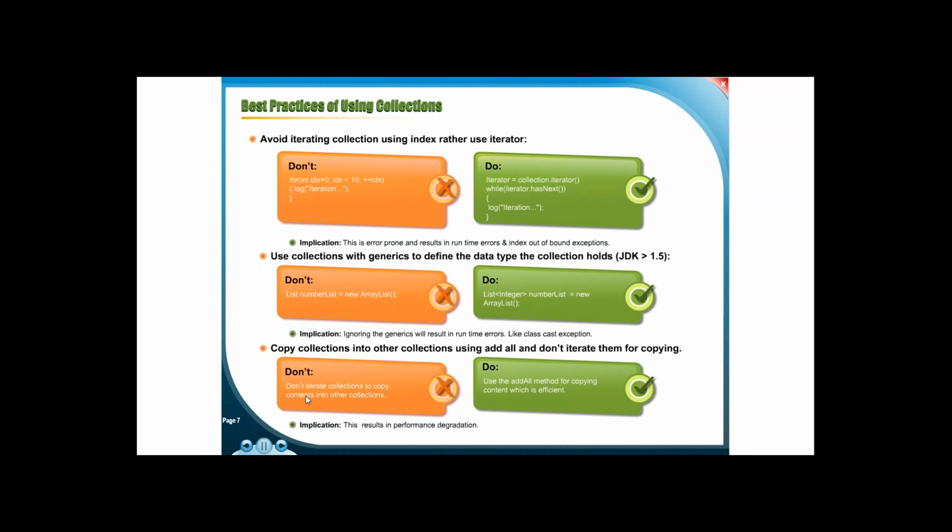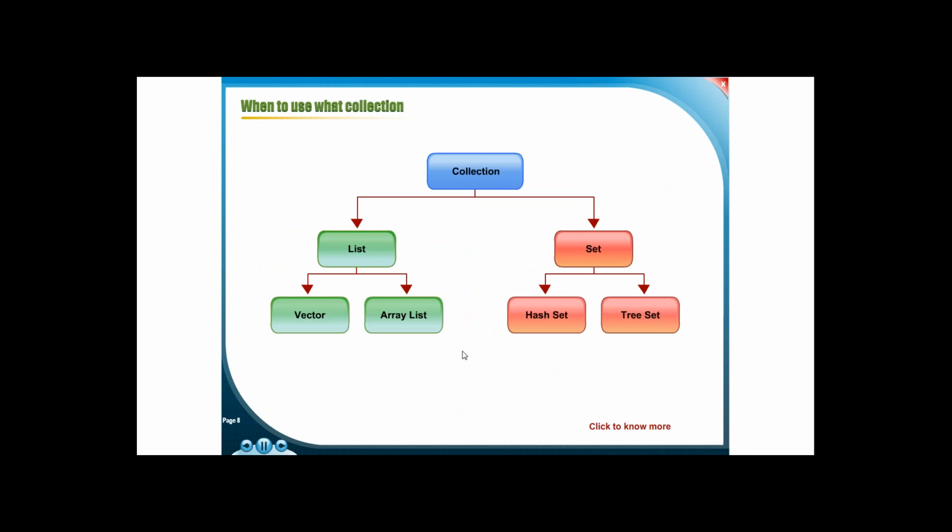The addAll method adds a collection into another collection. Use the addAll method. Don't iterate through the second collection and add element by element to the existing collection, because of the performance issue.